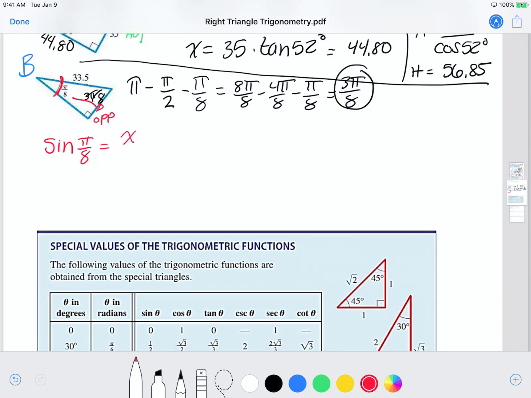Since we're looking for the opposite, I'll call that x, and the hypotenuse is 33.5. Now I'm going to cross multiply to solve for x. So I'm going to have x is equal to 33.5 times sine of pi over 8. When I put that in the calculator, that will give me my length of the opposite side when we're looking at the angle pi over 8.